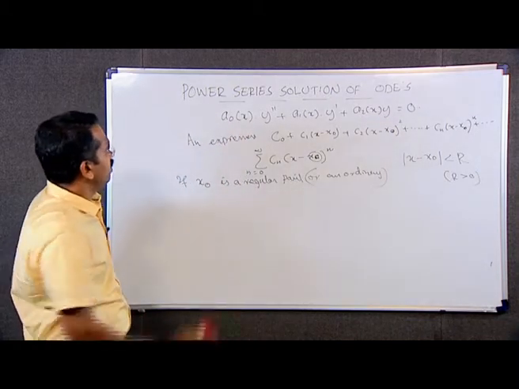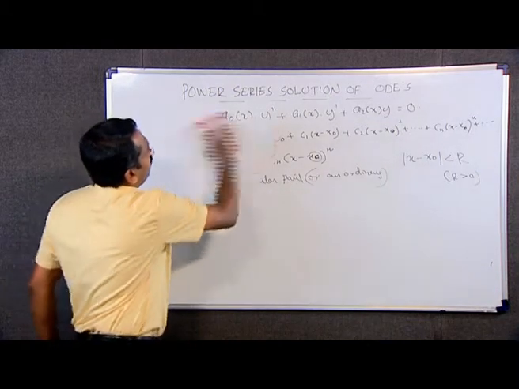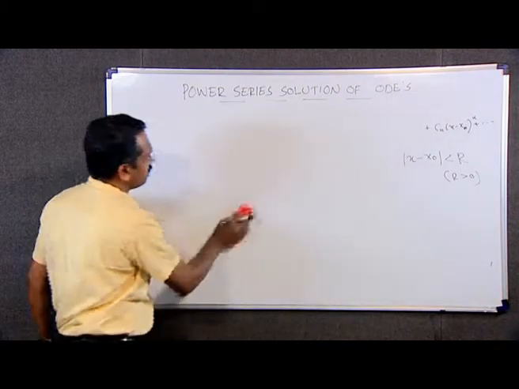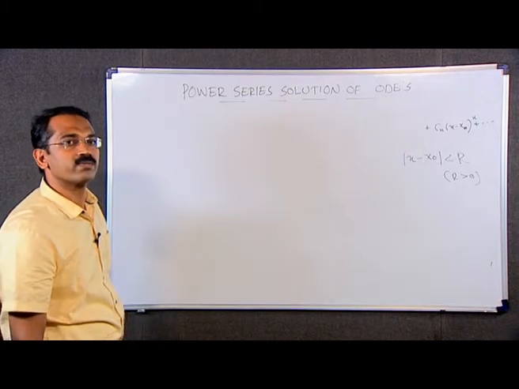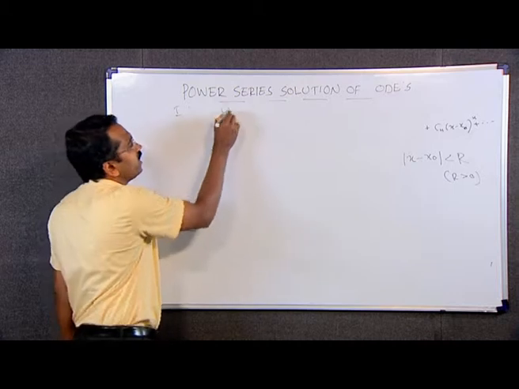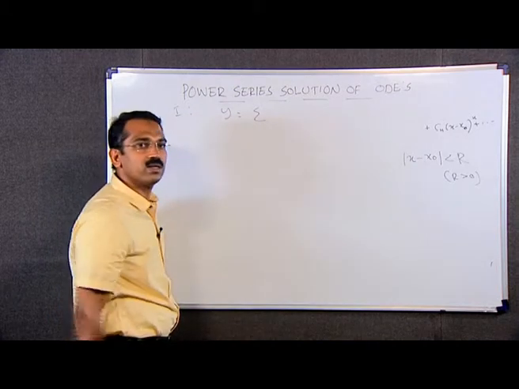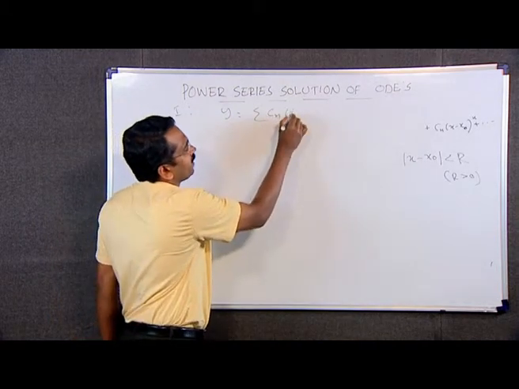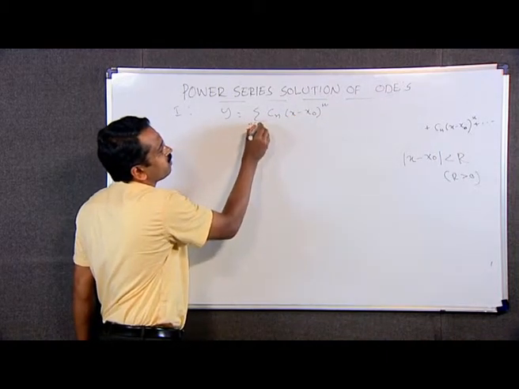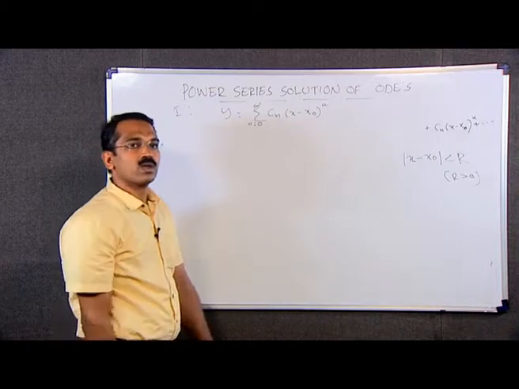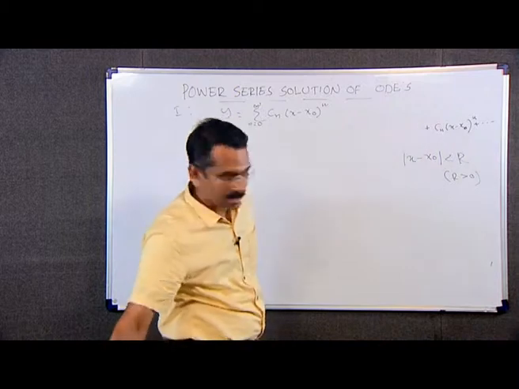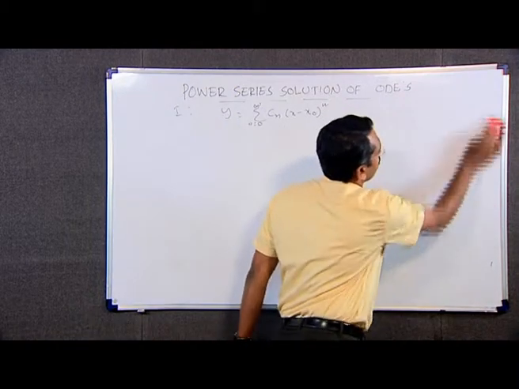Now, let me explain the steps involved in the power series method. First of all, we assume that y is equal to summation cn (x minus x0)^n, where n varies from 0 to infinity, be the solution of the given second order differential equation.